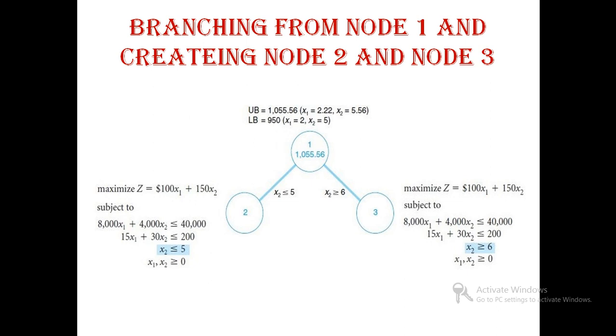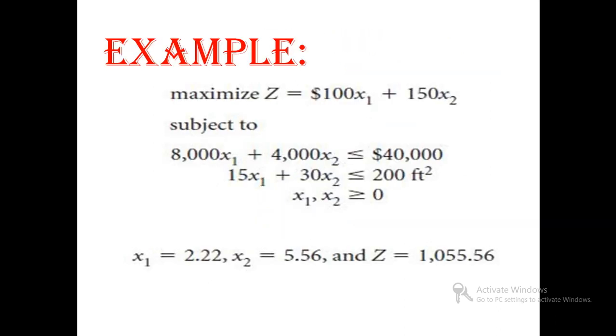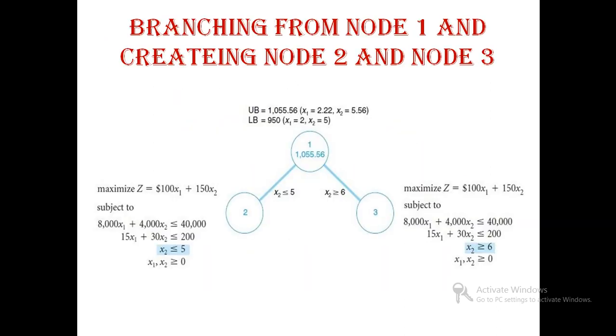If you lower down 5.56 you get 5, and if you round up 5.56 you get 6. So we put the restrictions x2 greater than or equal to 6 and x2 less than or equal to 5. By putting these two restrictions on this problem, we have created two sub problems: this is sub problem 2 and this is sub problem 3.